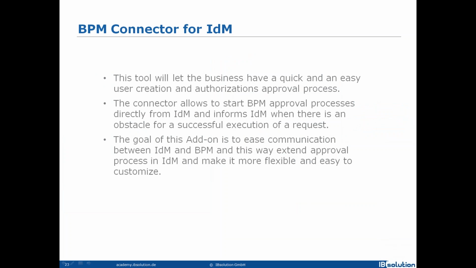The connector allows to start BPM approval processes directly from IDM. It has the ability to gather process instance related information and knows the progress of each user request. The goal of this add-on is to ease communication between IDM and BPM. In this way, it extends the approval processes in IDM and makes them more flexible and easy to customize.